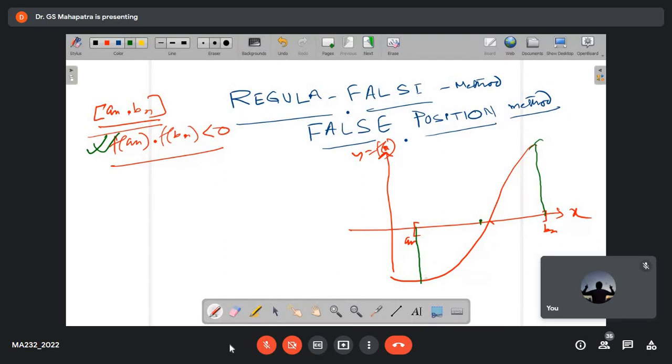You have to draw a straight line between An, f of An and Bn, f of Bn. You already studied how to find the equation of a straight line. My drawing may not be perfectly straight, but take it as correct.